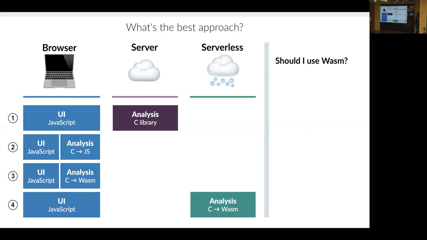So when should you use WebAssembly? Would your application benefit from being able to reuse existing code written in C, C++, Rust, and all the others? Would your application benefit from possibly replacing slow JavaScript computations with WebAssembly? If so, that might make sense.